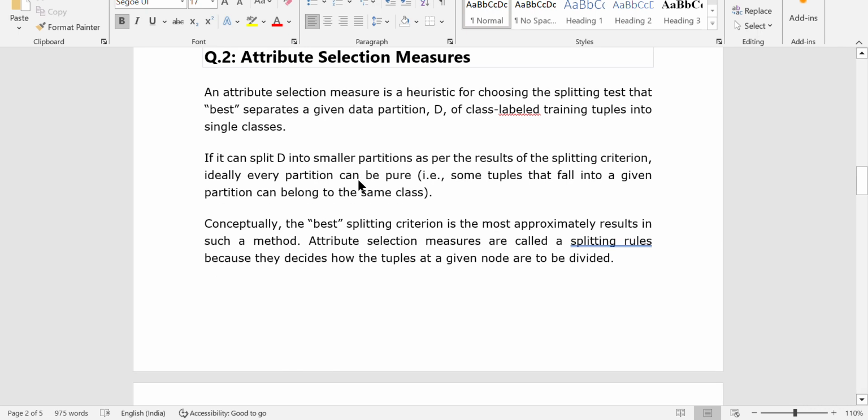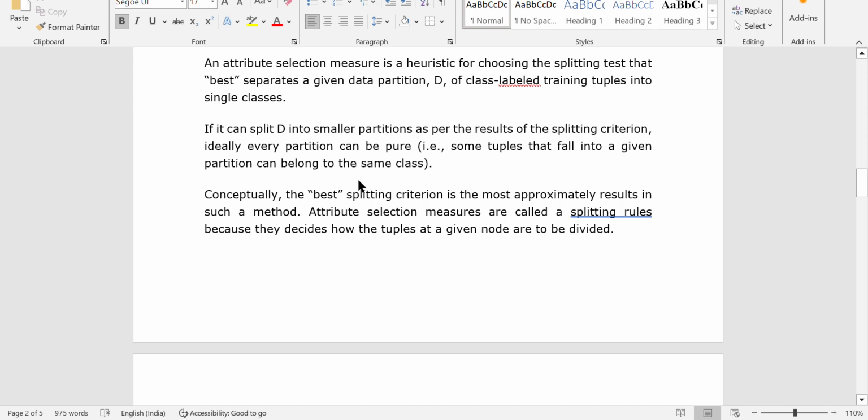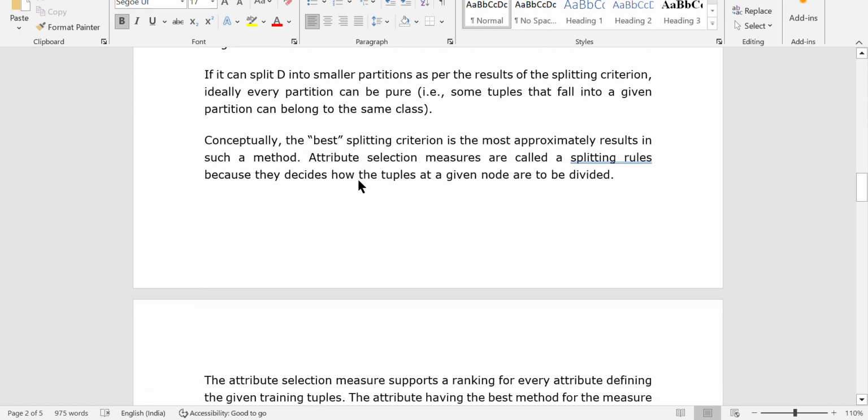If it can split D into smaller partitions as per the results of the splitting criterion, ideally every partition can be pure. That is, all tuples that fall into a given partition belong to the same class. Conceptually, the best splitting criterion is the one that most closely results in such a method.